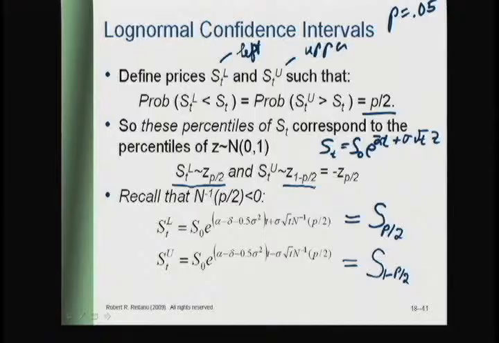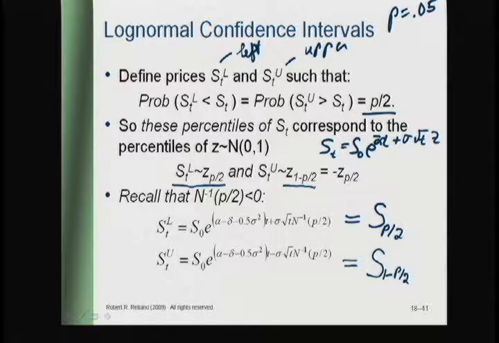And we do this all the time in normal calculations. We know that the 97.5 percentile of the standard normal is negative the 2.5 percentile value. It's just a symmetry, and that's all we're doing here.